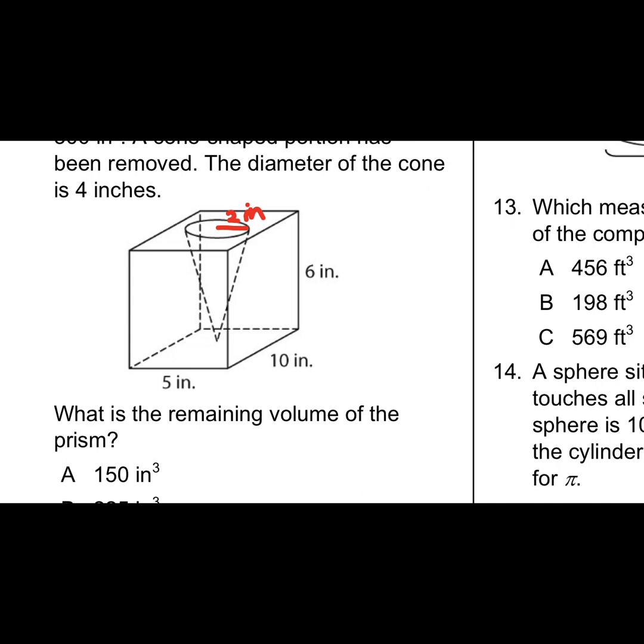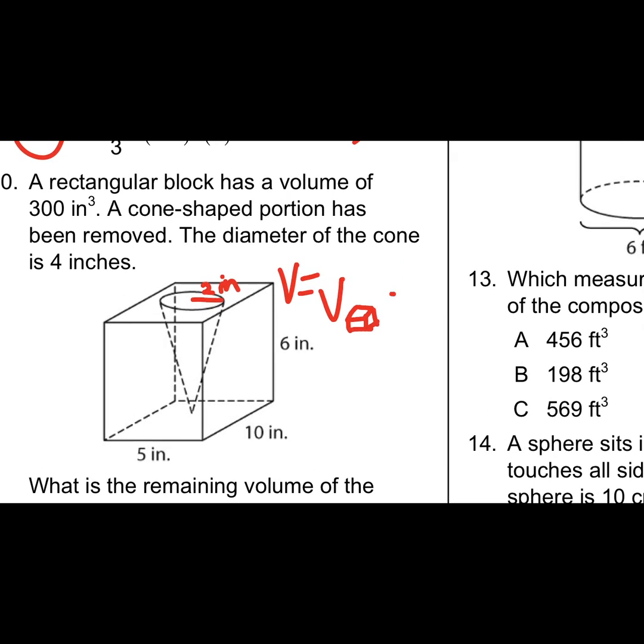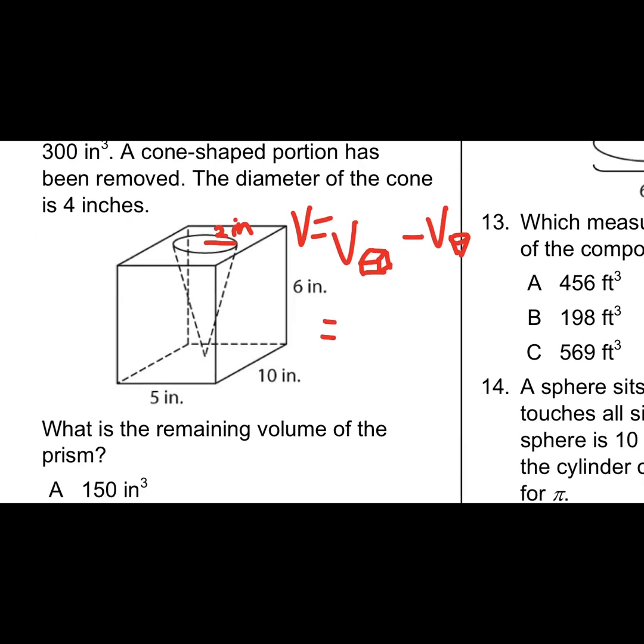We know that the remaining volume is equal to the volume of the rectangular prism minus the volume of the cone. The volume of the prism is length times width times height. Let's start with the formulas: length times width times height minus 1/3 pi r squared h. That's the volume of a cone.